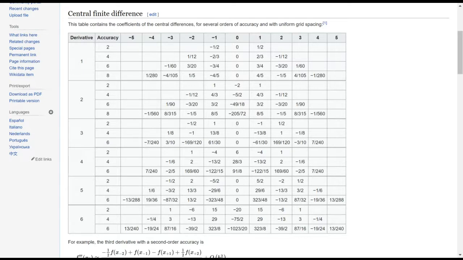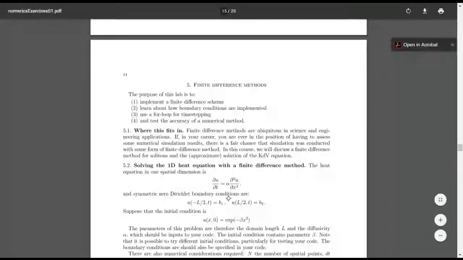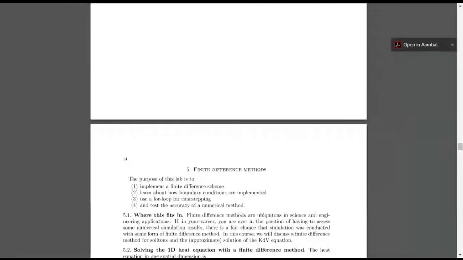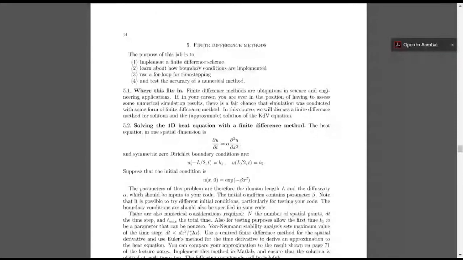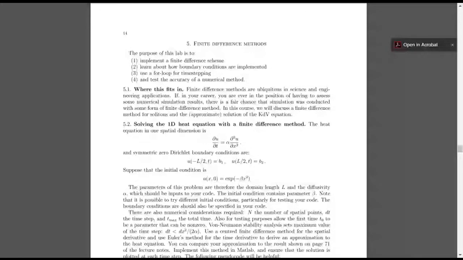So if I share my screen, sorry. So the last one we did was the Adams-Bashforth one. This is now how to solve the 1D heat equation with a finite difference method.